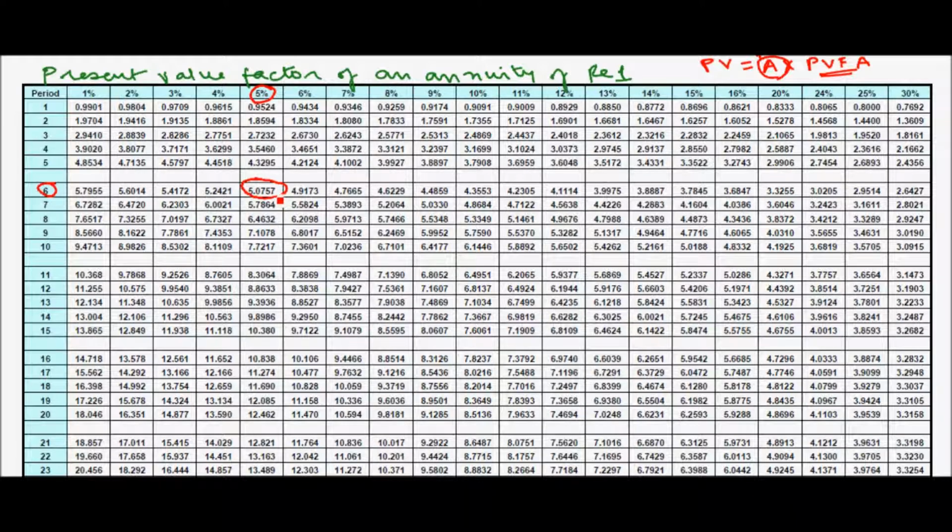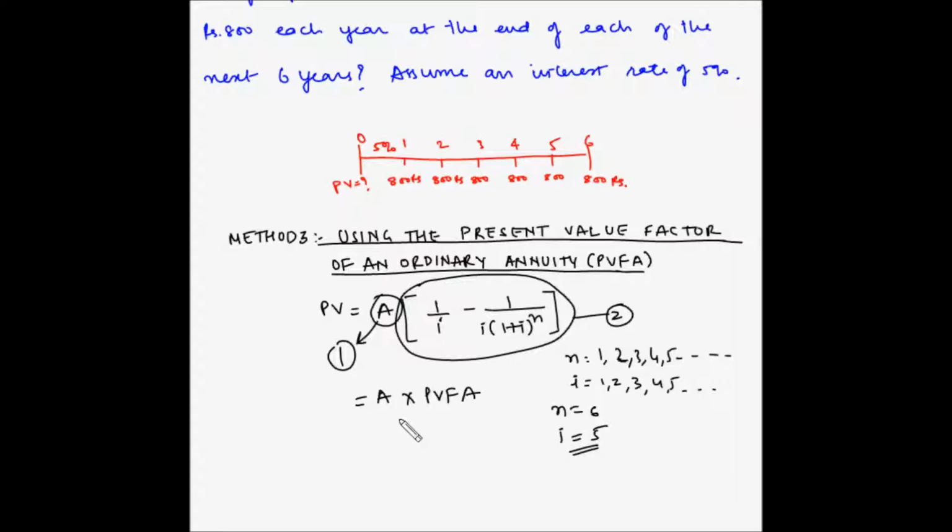So let's now plug in this value in our formula to find out the present value in our case, where the annuity amount is 800 rupees. So let us plug in the values that we found. So A is 800 and PVFA is 5.0757.